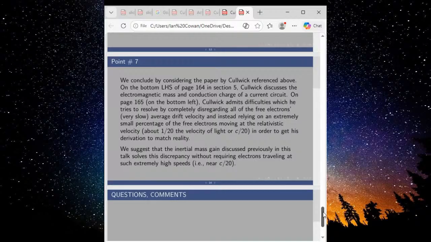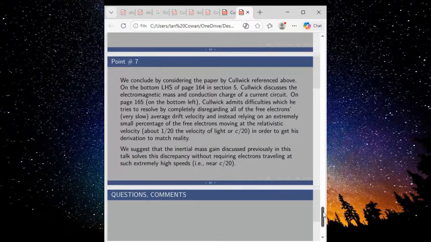Instead, Kowick relies on an extremely small percentage of the free electrons moving at a relativistic velocity, about 1/20th the velocity of light, c divided by 20, in order to get his derivation to match reality. We suggest that the inertial mass gain discussed previously in this talk solves this discrepancy without requiring electrons traveling at such extremely high speeds, near c divided by 20.